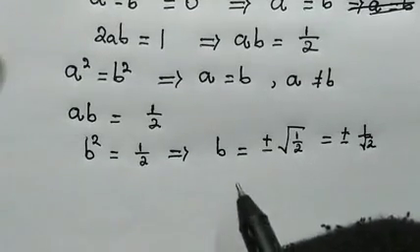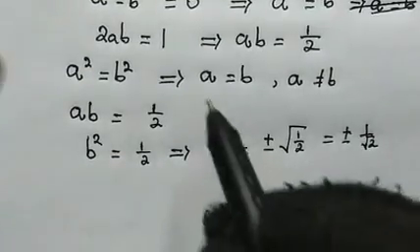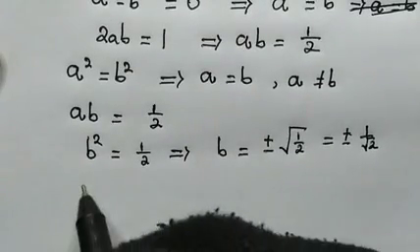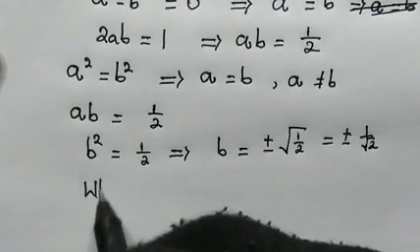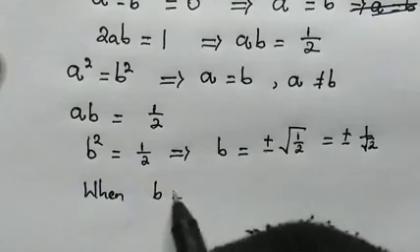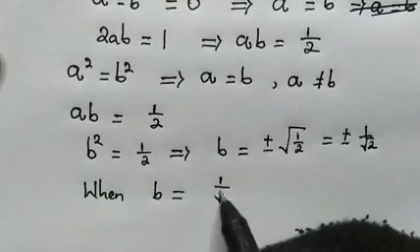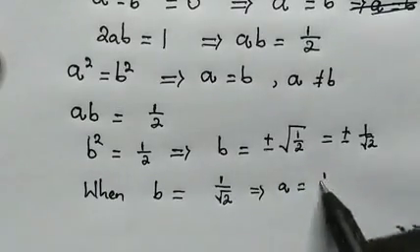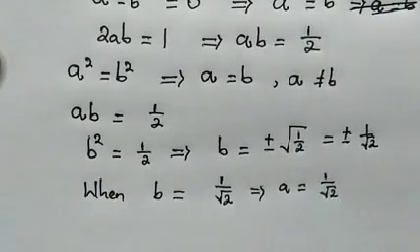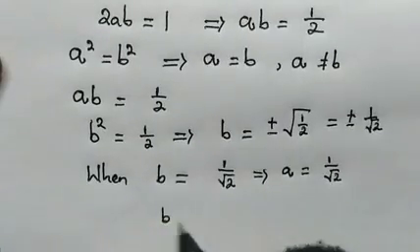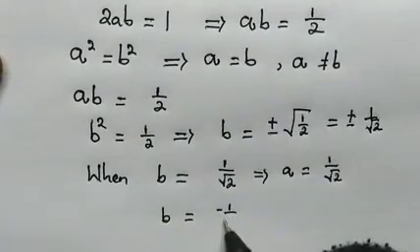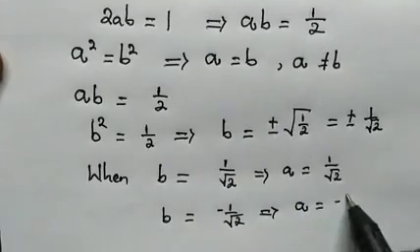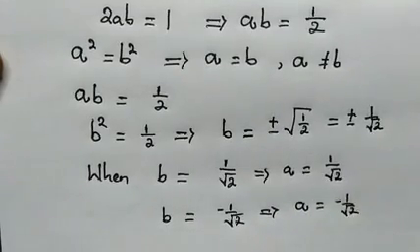Then let us recall we use the case where a is equal to b. So when b is equal to 1 over root 2, a will also be equal to 1 over root 2. Then when b is equal to negative 1 over root 2, a will be equal to negative 1 over root 2.